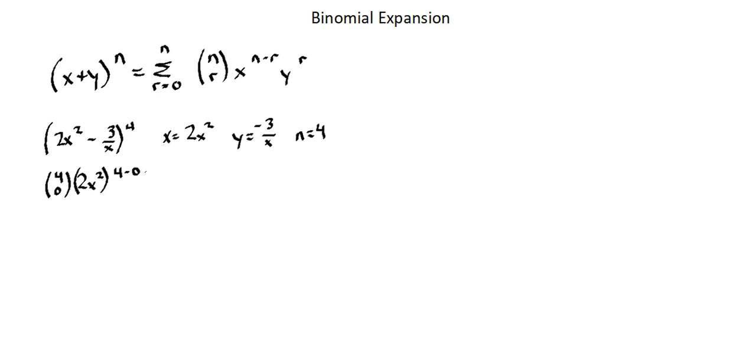Times y, let's also put y in parentheses, negative 3 over x, all to the power of r, and in our beginning term, r is 0. And we're summing. Summation notation means we're going to add and continue with this process of creating the term, adding the next term which we create, etc., until we get all the way through to r equaling n, until r equals 4.